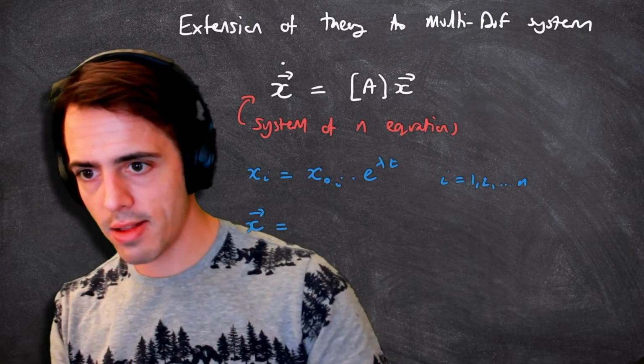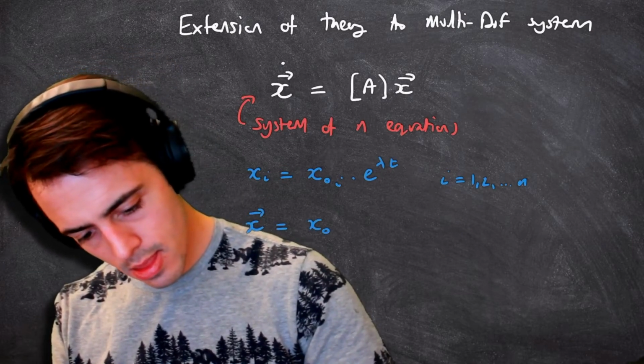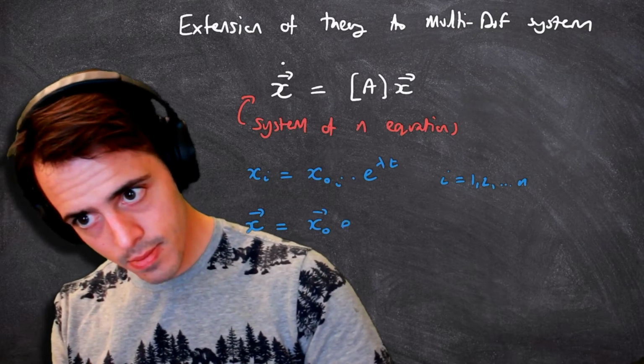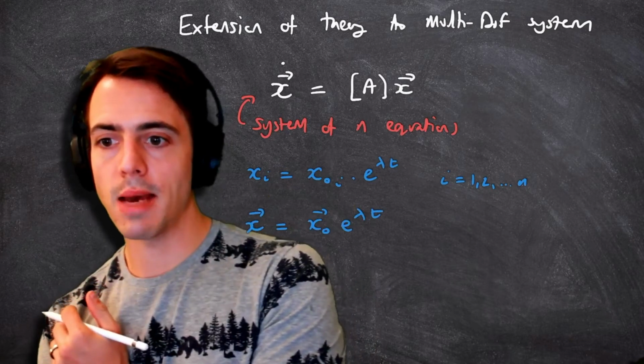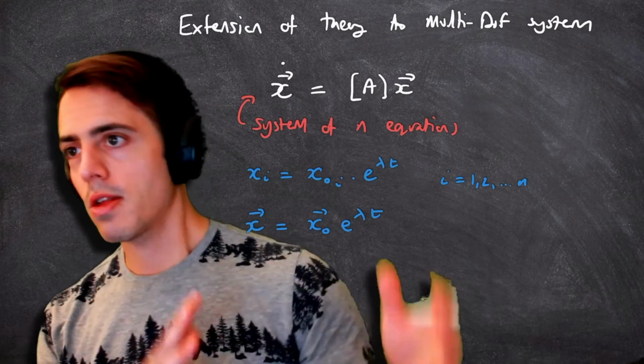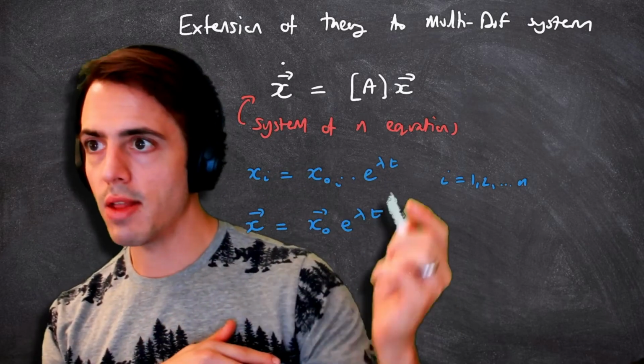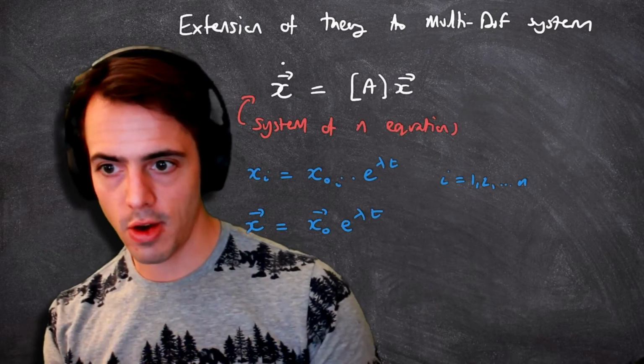Our x vector is equal to x naught multiplied by e to the lambda t. So again, just as we did before, we can differentiate this and put it into our generalized expression at the top.